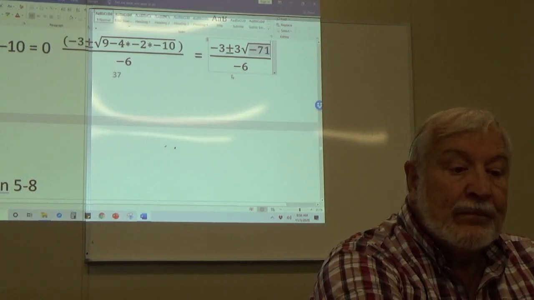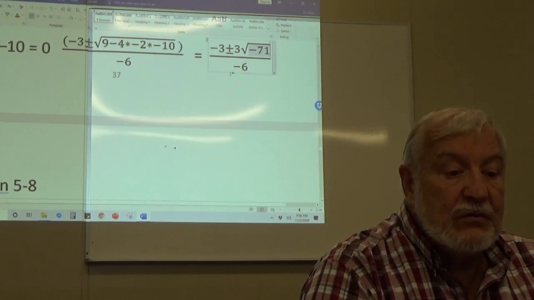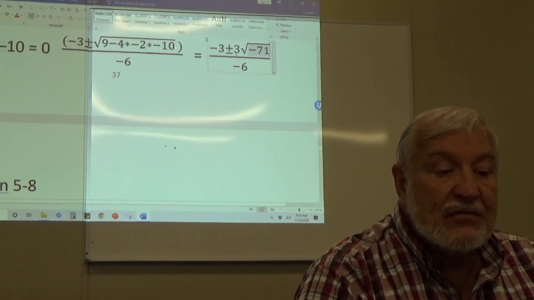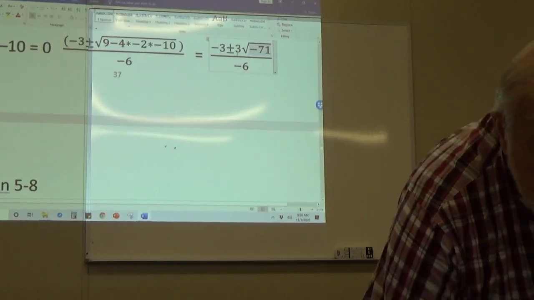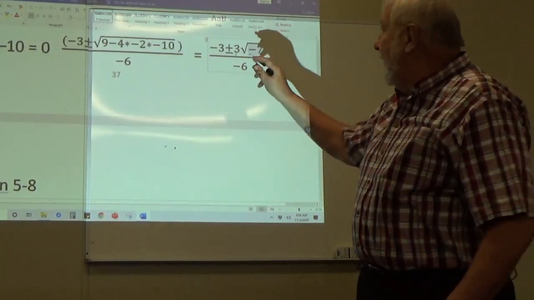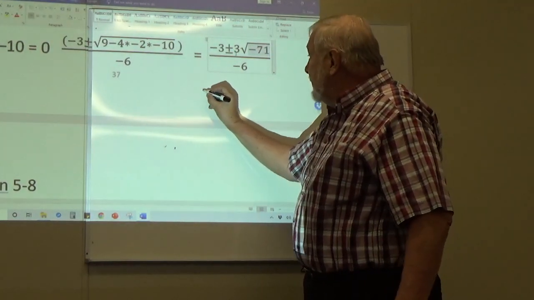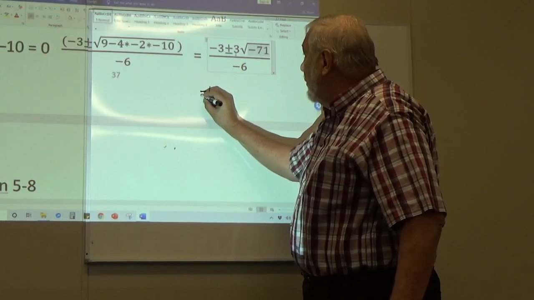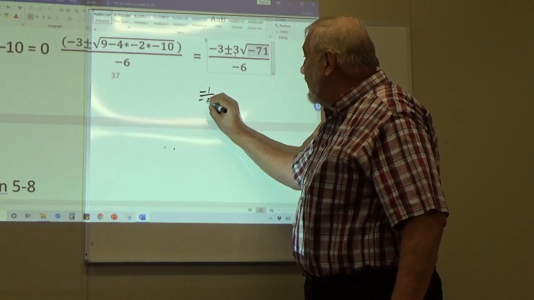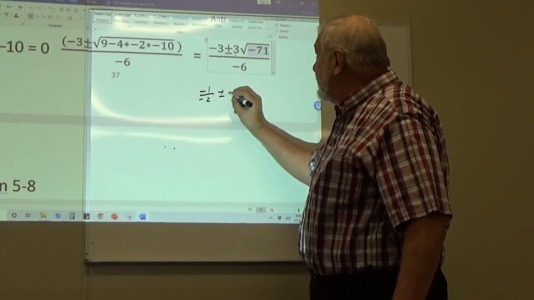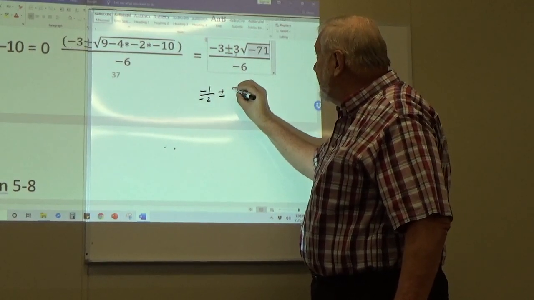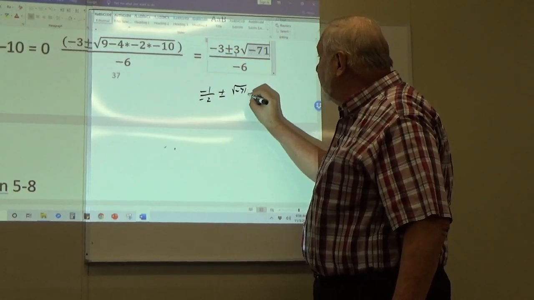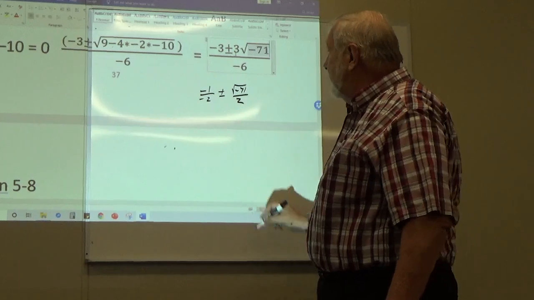All right, now, can I divide everything by 3? All right, I can divide everything by 3, so this will end up as negative 1 over negative 2 plus or minus square root of negative 71 over 2.